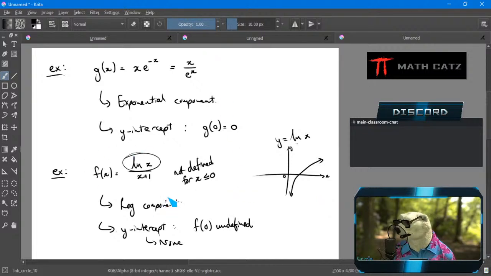Now I'm aware, moving forward, if this was the start of a bigger question, I'm aware of, oh, this log component is always going to be this issue of being undefined. Negative x values will never be something I have a graph for. It'll never be something I'm interested in. And I need to remember that, especially with this guy, as I go into a derivative, because its derivative doesn't have a log.